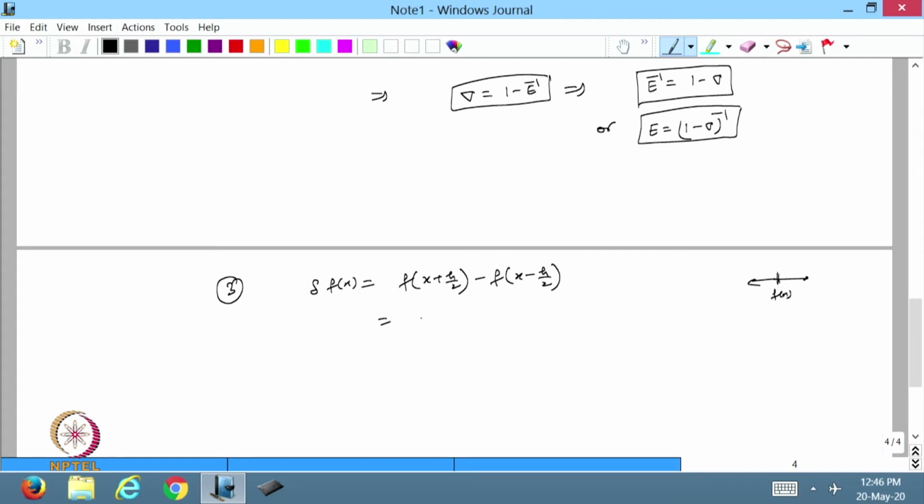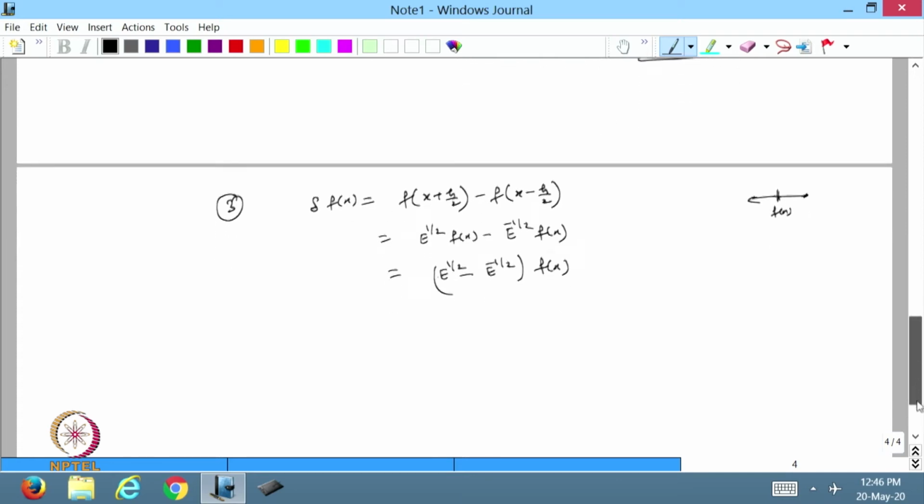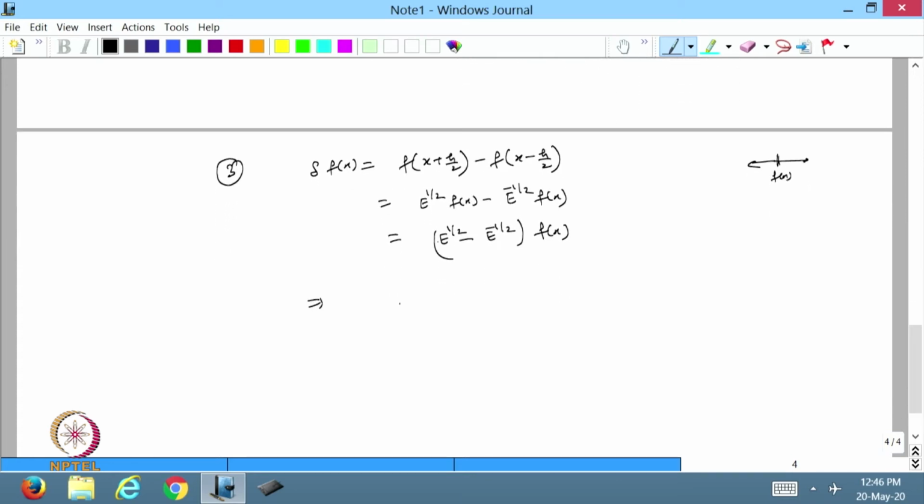And this I can write as E to the half of f(x) minus E to the minus half of f(x). From here I can take (E to the half minus E to the minus half) f(x), and this gives me delta equal to E to the half minus E to the minus half. That is the relation between the central operator and the shift operator.